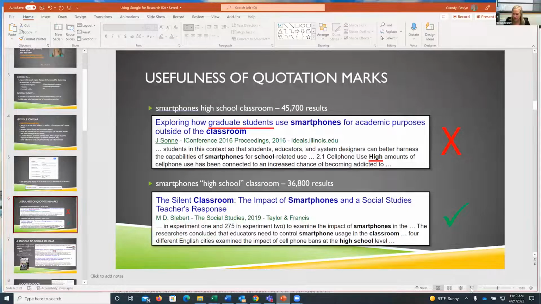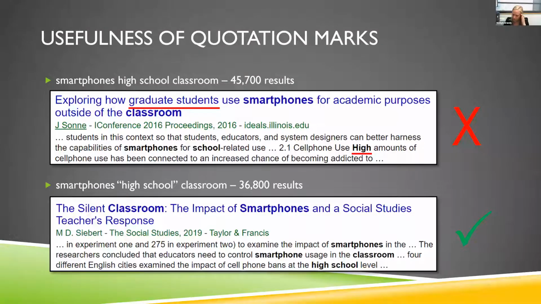I did want to say a word about quotation marks. Generally, databases are very smart. If you put in mental health, it will keep mental and health together. But this was an instance that I came across where it didn't quite work. I was searching about smartphones used in high school classrooms, and it came up with a grad student one because it had mentioned high and school separately.